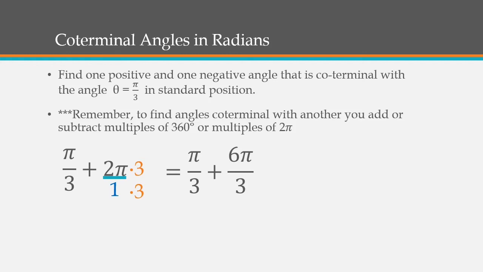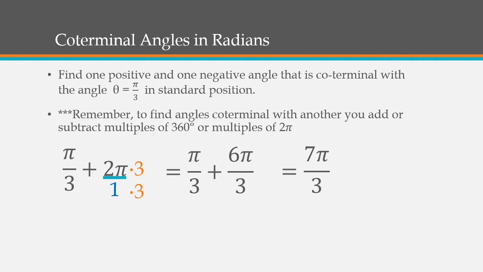Now because we're going to add by 2 pi a lot, I just want to highlight the fact that when we add, we're going to be adding by double the denominator basically, because we're always going to be multiplying 2 pi by whatever the denominator is. So we're adding 2 pi to pi over 3. If you double the denominator, that's 6. So pi plus 6 pi gives me 7 pi, and it's over 3.